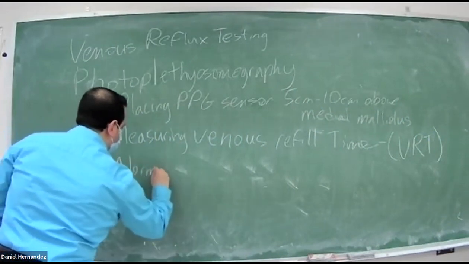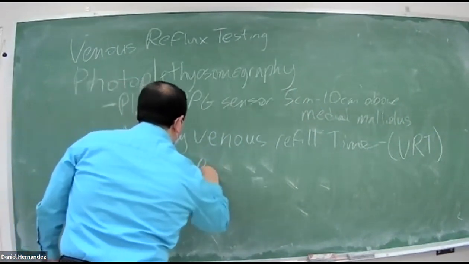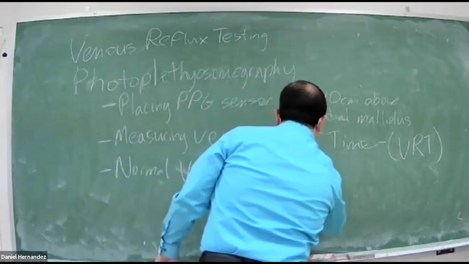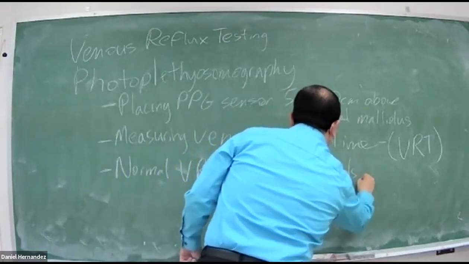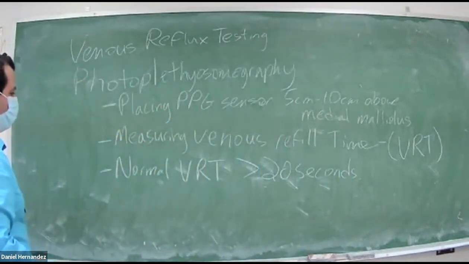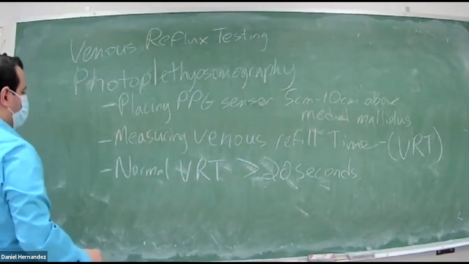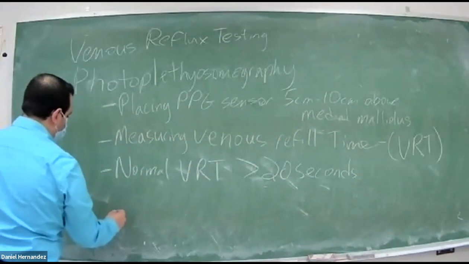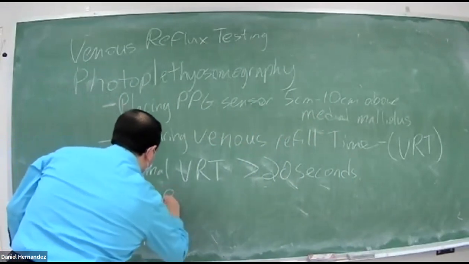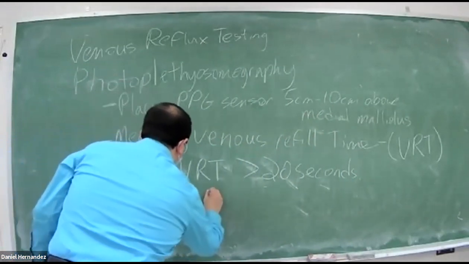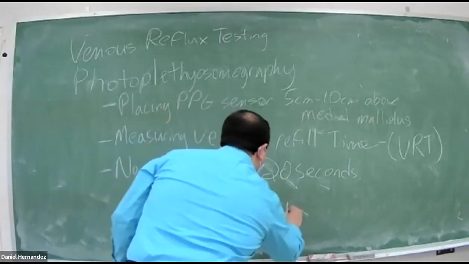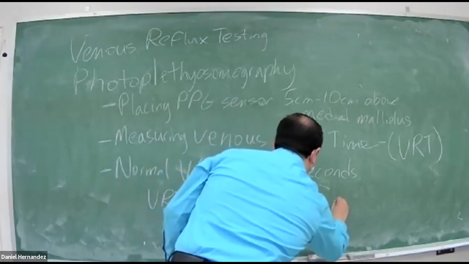Normal VRT is greater than 20 seconds. A VRT which is less than 20 seconds indicates reflux.